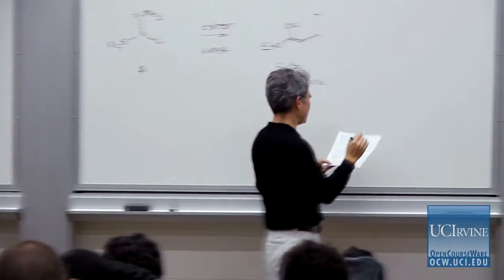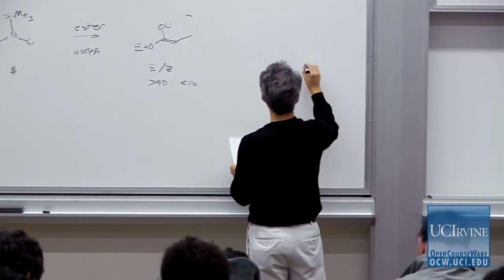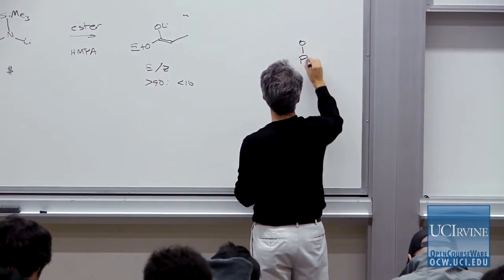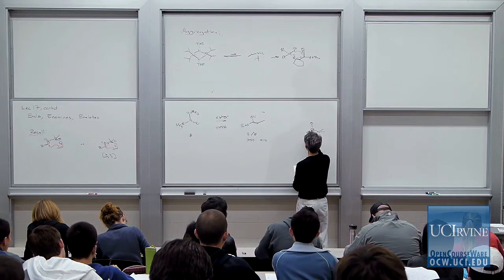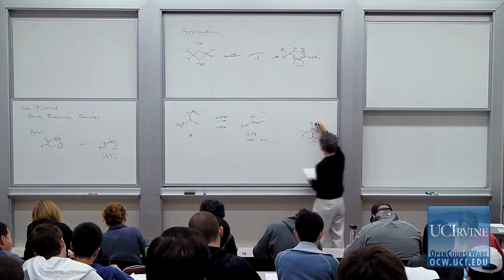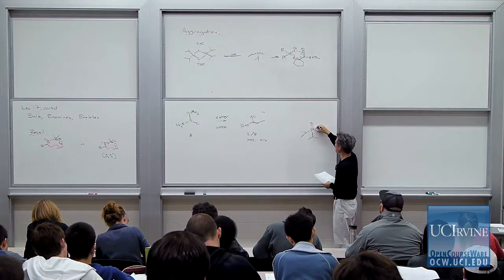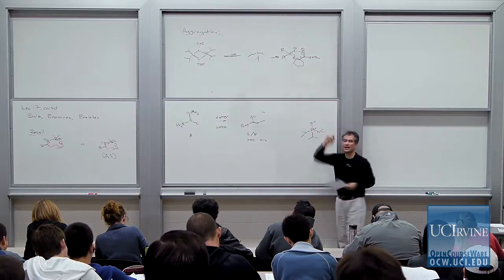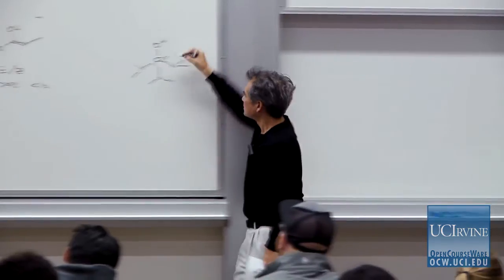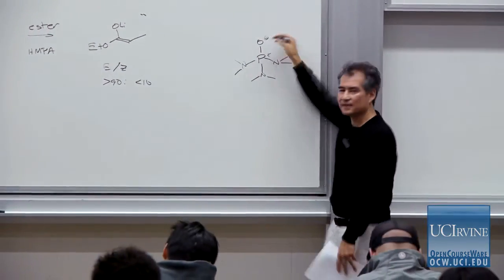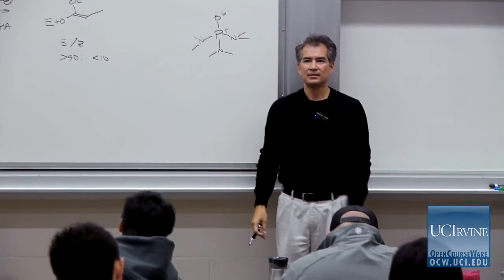You'll see this used a lot less. There's other alternatives. But HMPA is a very powerful coordinator of lithium. Here's the structure for HMPA. If you'd like, you can draw a double bond O here, but I'm going to draw this in the zwitterionic resonance form, or the ylide resonance form, just to emphasize the fact that there's a lot of negative charge on that oxygen.